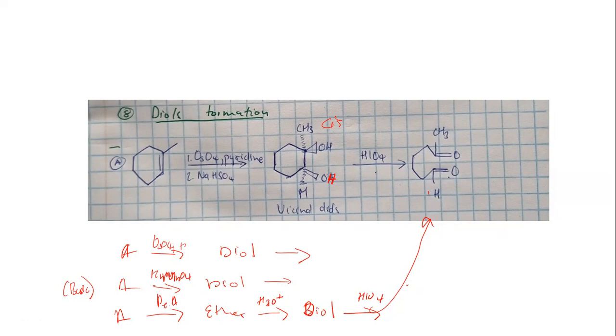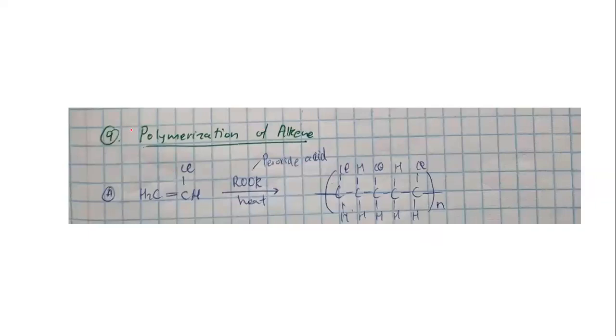All right. Now we move to number 9. Here we have the polymerization reaction of alkene, polymerization, formation of plastics, and so forth. So here we have an alkene, a vinyl alkene, okay? There's chlorine over there. So that means you're going to have to break this double bond.